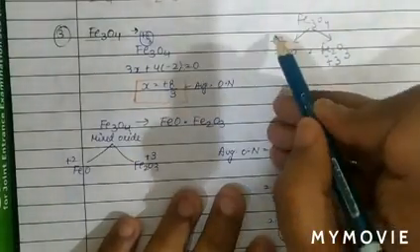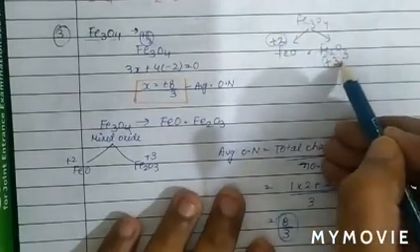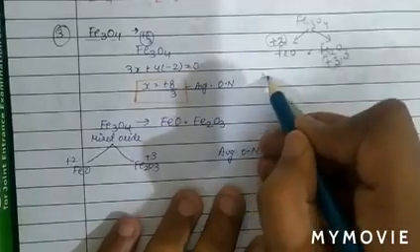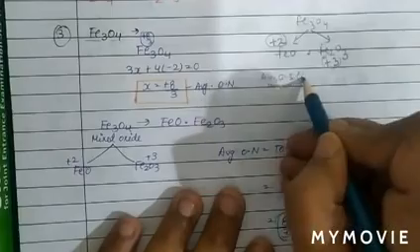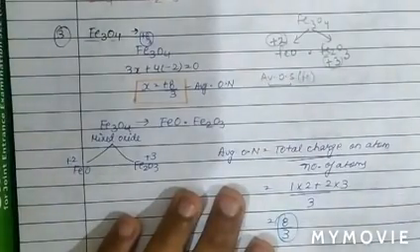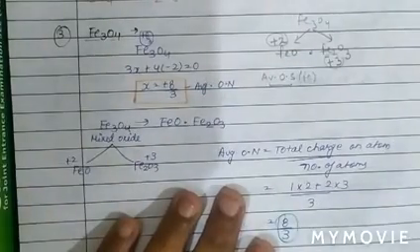Now we can see that two different oxidation states of iron are present. Now we will solve for the average oxidation state of iron. See how we will calculate it.